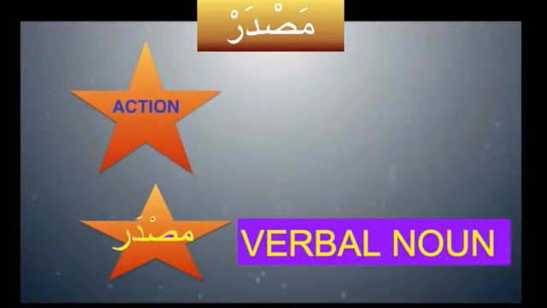That's writing, drinking, cleaning. So it denotes an action, but it doesn't say who is doing it or when it's been done. So it's called a verbal noun or a gerund in English, and in Arabic it's called a masdar. Also in English we call it a verbal noun.